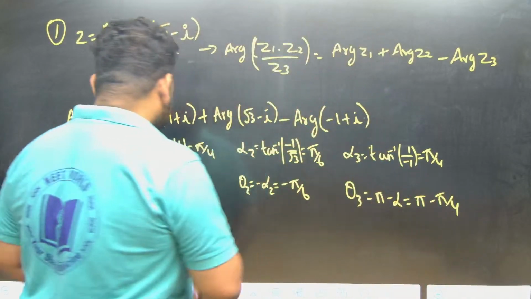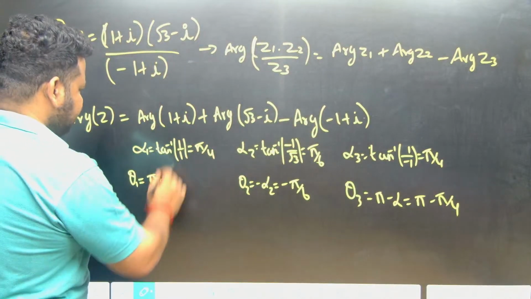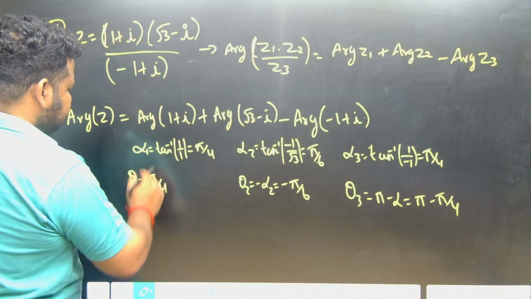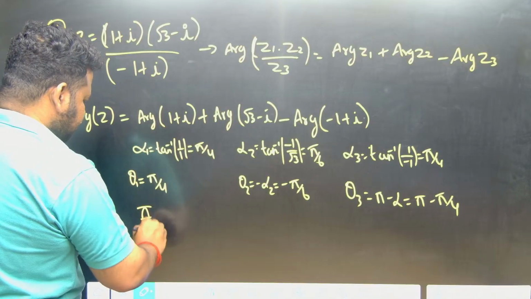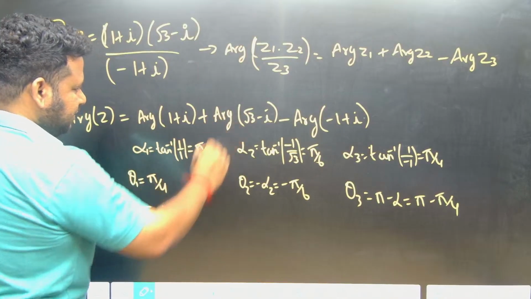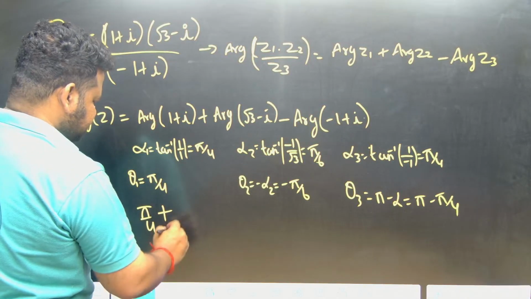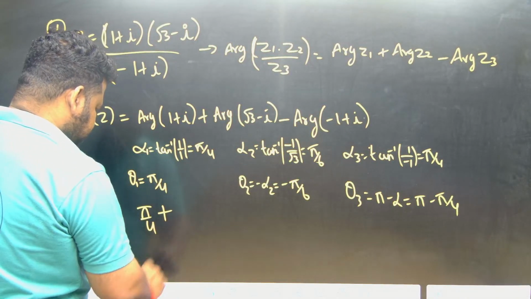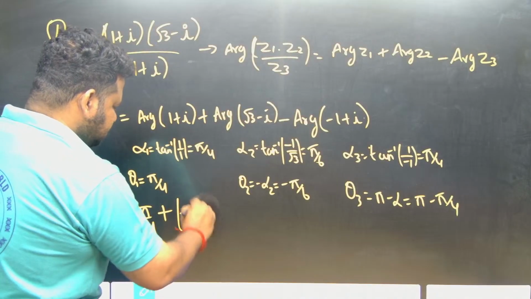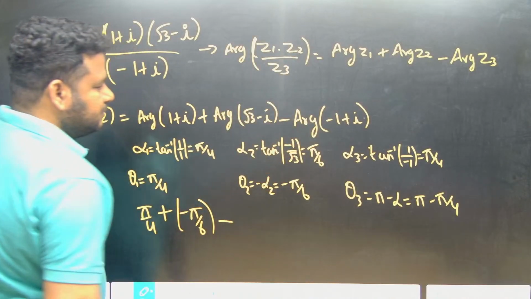Now, put all of this together. We are having argument of z1, which will be equal to pi by 4. Argument of z2 will be theta 2, that is minus pi by 6. In bracket I will write minus pi by 6, minus, because here minus is there. Don't forget that.